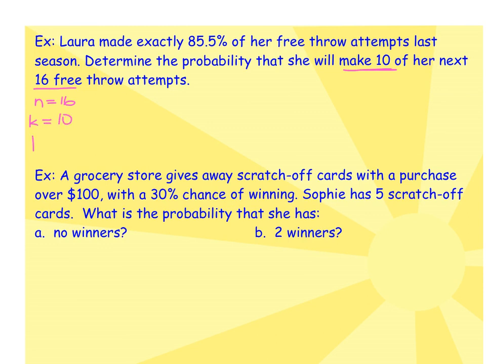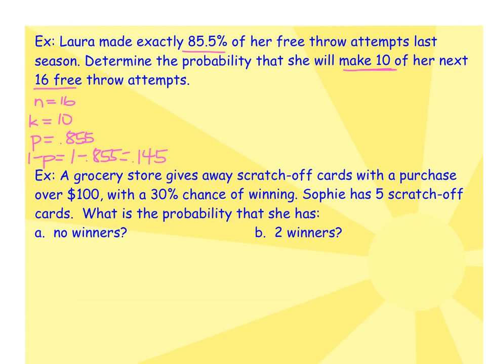Now the probability based on her past experience that Laura would make a free throw is 85.5% or 0.855. The complement to that, we just subtract from 1, and that would be 0.145. That's all the information we need.